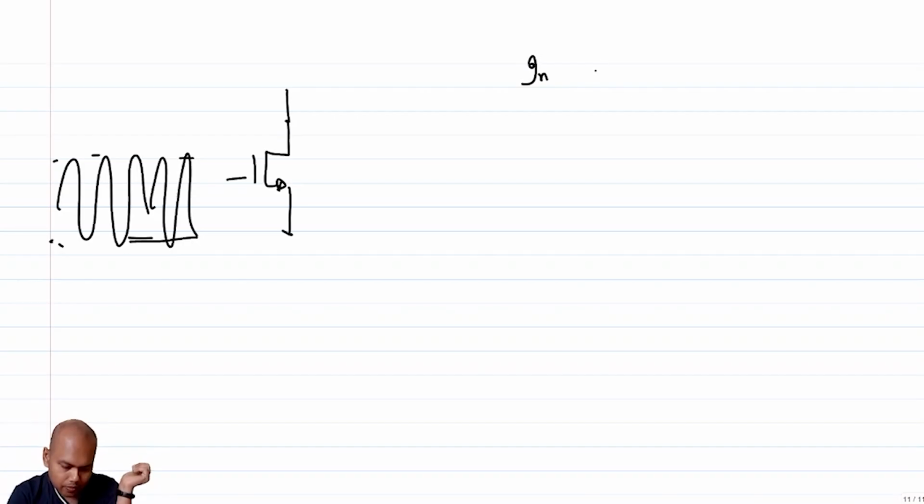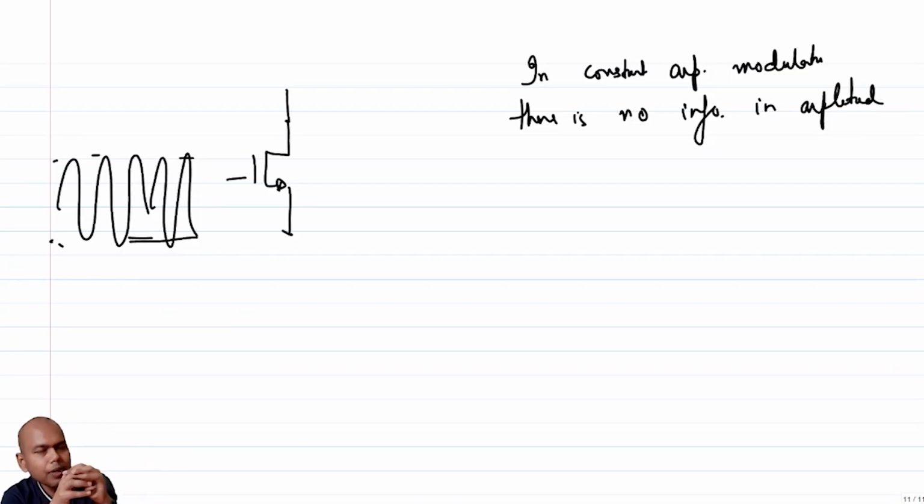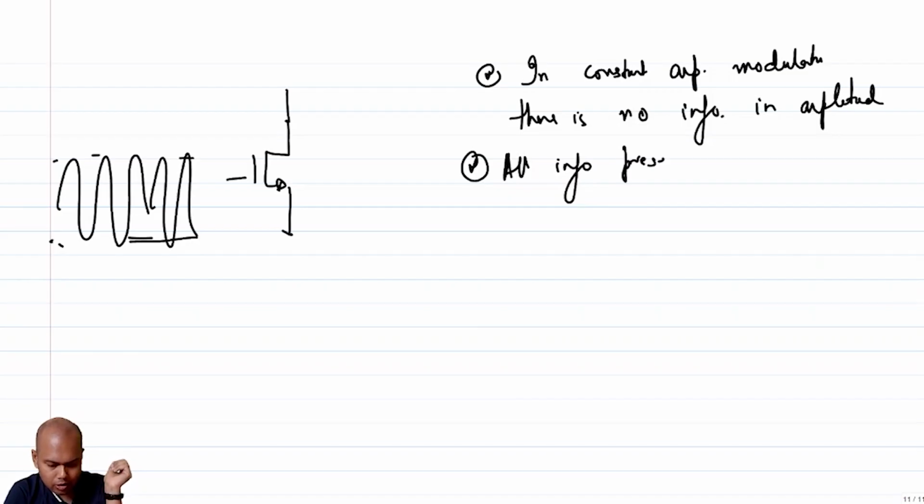So in constant amplitude modulations there is no information in amplitude, which means I can as well forget about linearity issues because of amplitude, correct? All the information is present in the phase.